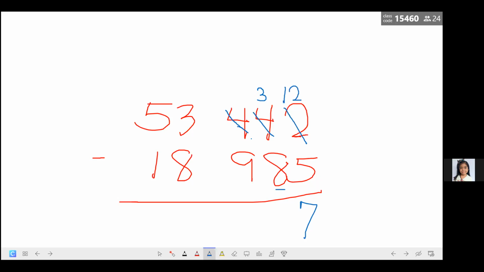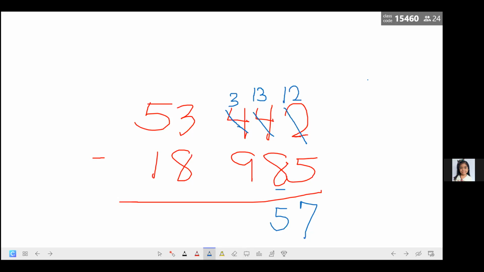We regroup 400s into 300s and 13 tens. Can we deduct 8 tens from 13 tens? Yes. 13 minus 8 is 5. Very good.